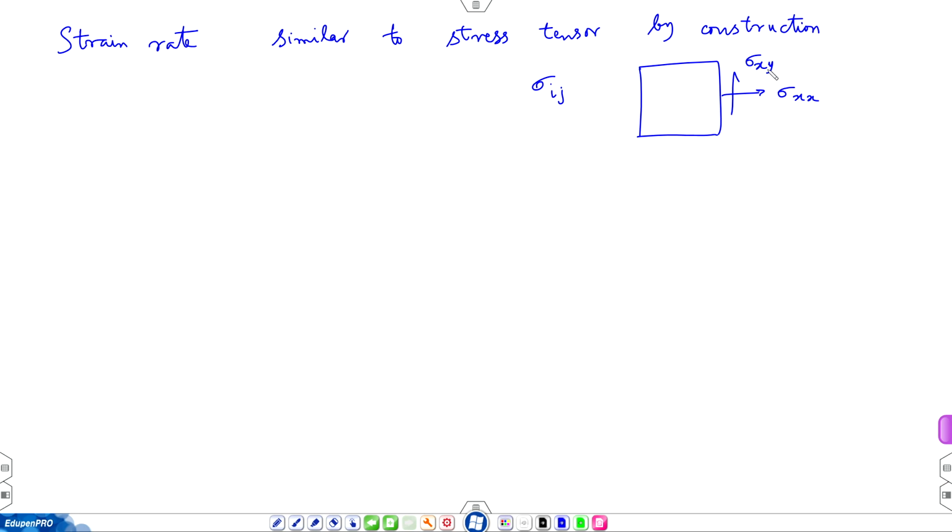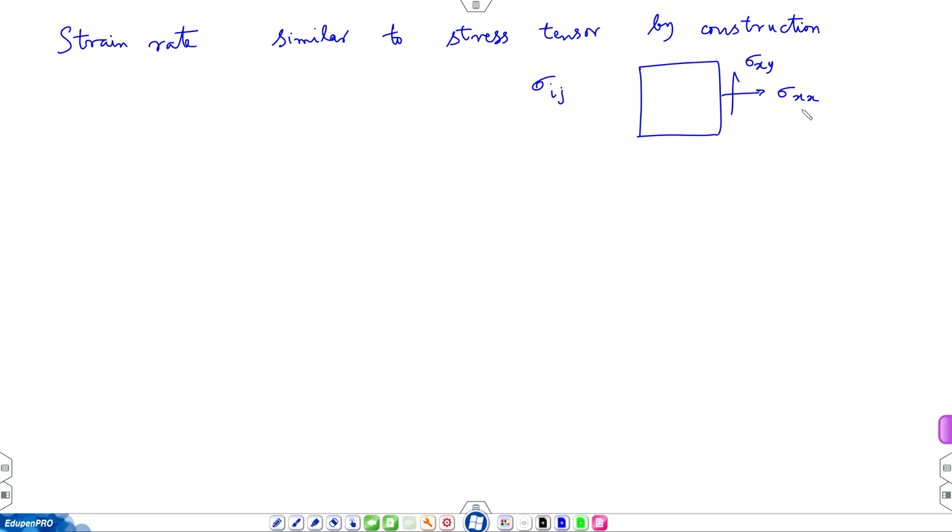It has components sigma x x, sigma x y. If sigma has to be analogous to epsilon dot or the other way around, then epsilon x x has to be similar to sigma x x, epsilon y y has to be similar to sigma y y. Component wise they have to have a linear relationship.